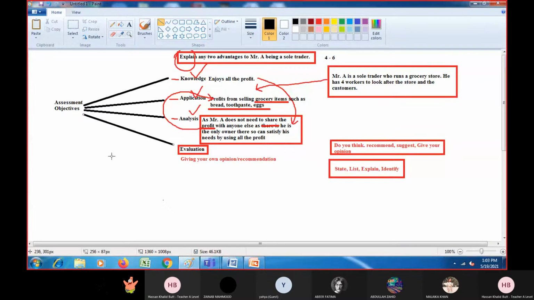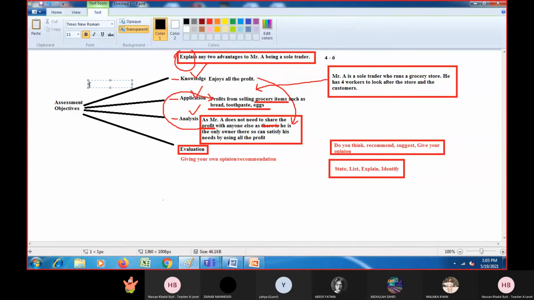Normally, if you see the mark scheme as well, you may find a short version of it: AO1, AO2, AO3, and finally AO4. So this is basically assessment objectives 1, 2, 3, and 4.